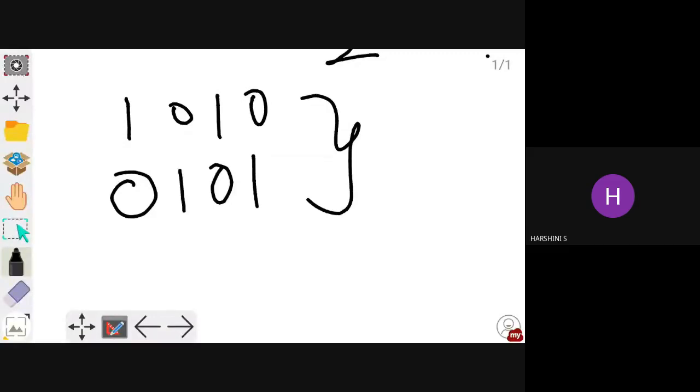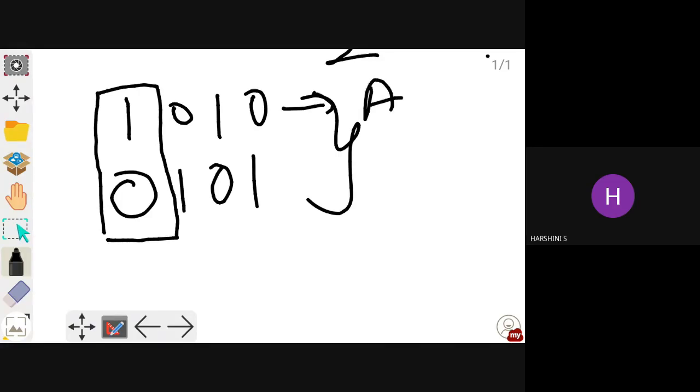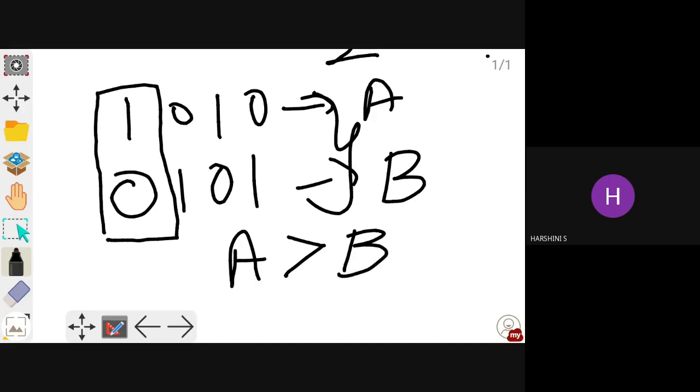You will first compare the most significant bit, right? By comparing that bit, you can find which number is greater. While comparing the most significant bit, your first number has 1 and the second number has 0. Actually this is A and this is B, so by manually seeing you can conclude that A is greater than B.